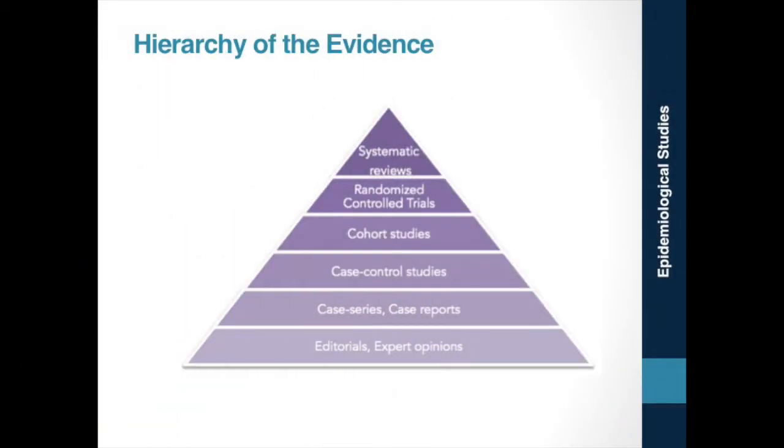Researchers such as David Sackett and others in evidence-based medicine have created hierarchies of evidence based upon study designs. At the base, we have editorials and expert opinions, which do not constitute study designs, but are the largest type of evidence available. At the end, everybody has an opinion, right?